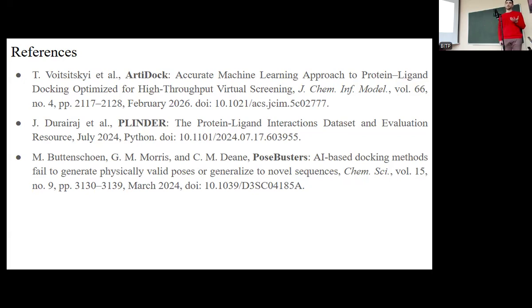So we need a rigid protein structure. We need the precise location of the binding pocket. And in this scenario, we can achieve much better speed for projects where we need to iterate through many drug candidates. So it's not blind docking? No, it's pocket specific docking.